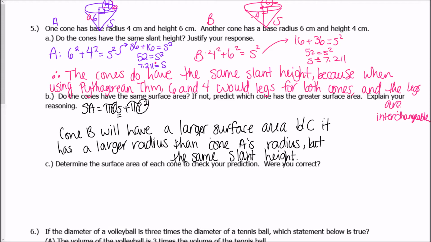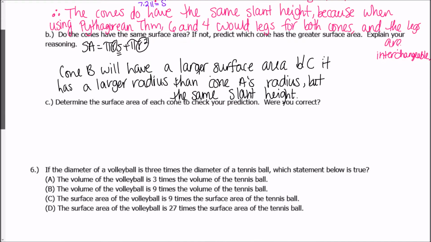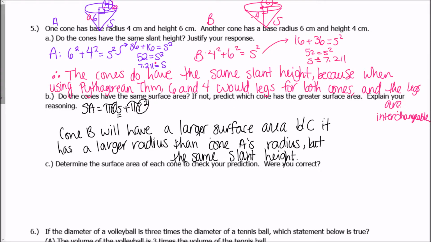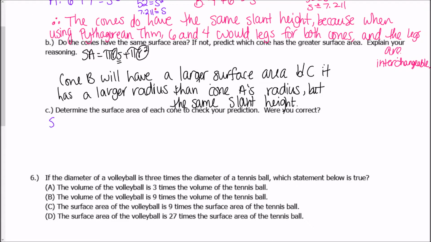Okay, now I want to know if my prediction was correct. So determine the surface area of each cone to check your prediction. So here for cone A, surface area equals pi times rs plus pi times r squared. Well, in cone A, the radius is 4 and the slant height is 7.211, plus pi times 4 squared.